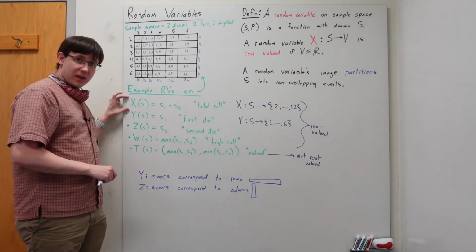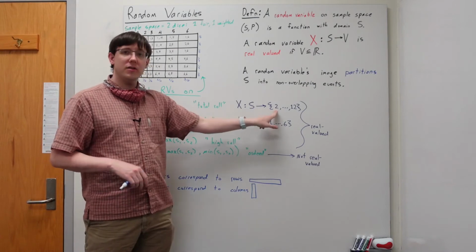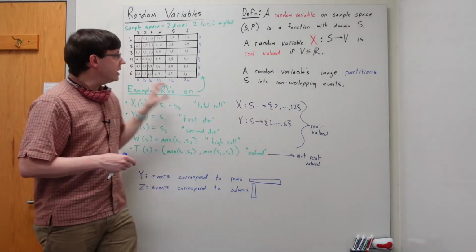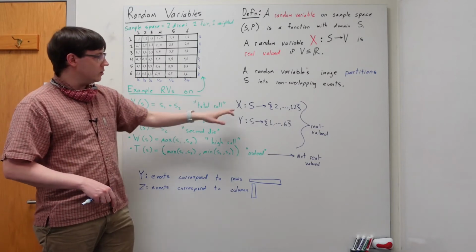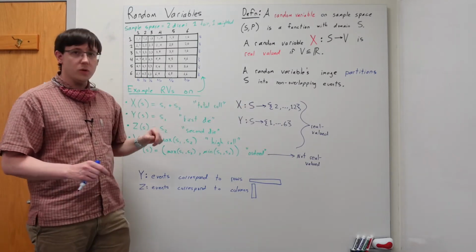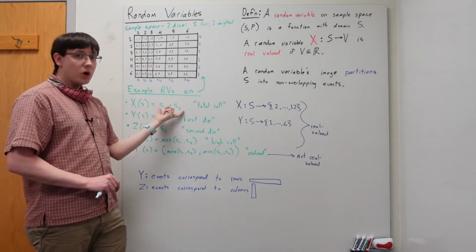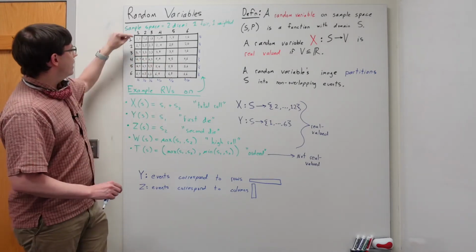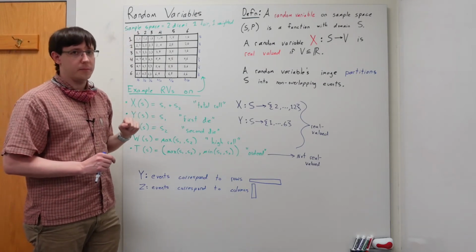For x, if we think about the event that x takes on the value 2, the subset of S corresponding to x having value 2 is all of the outcomes where the total roll is 2, and so that is just this top left outcome.